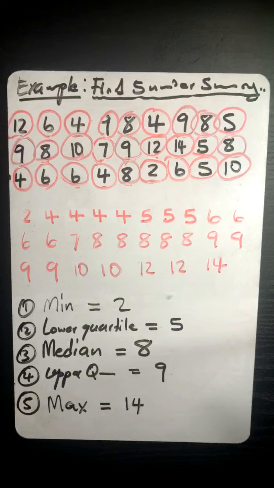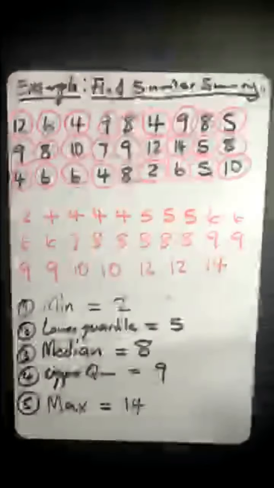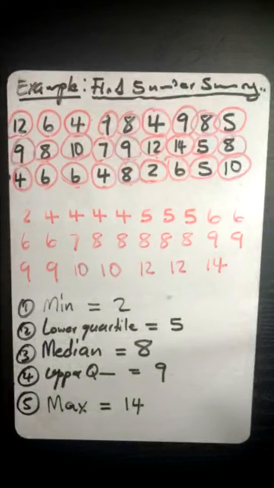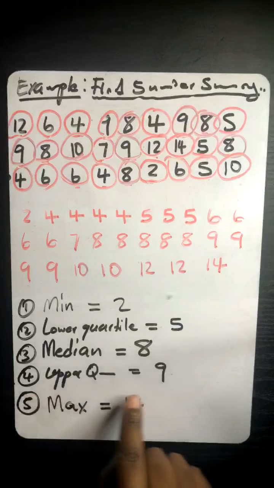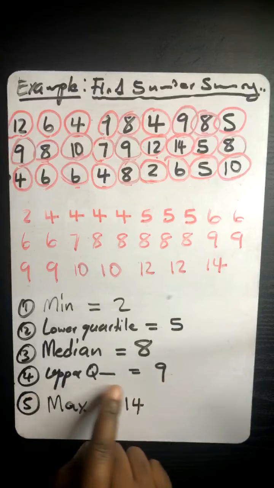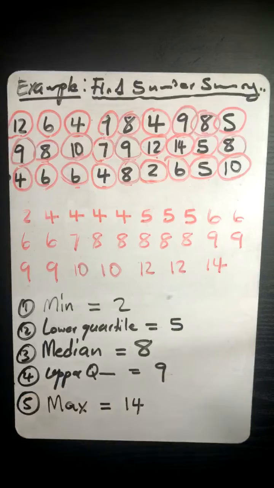My network was so bad today, so can you please repeat question number 4, please? Oh, wait. Is she referring to the upper value? If you're talking about the upper value, how do I explain?